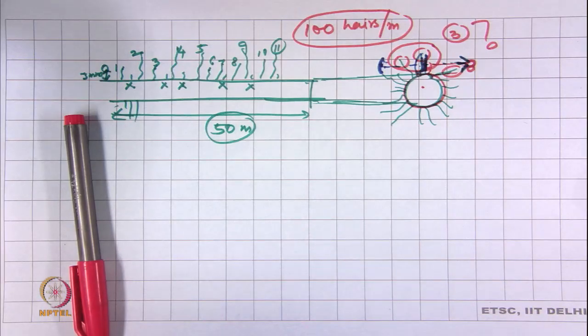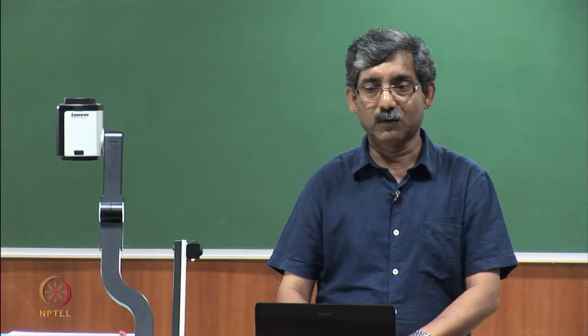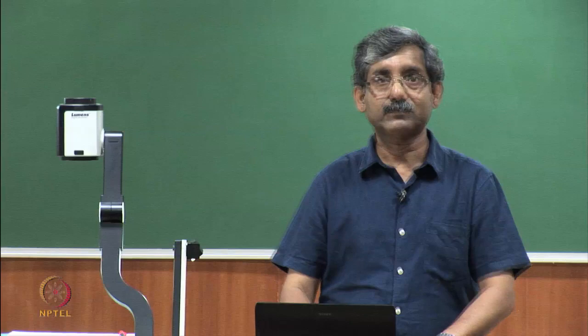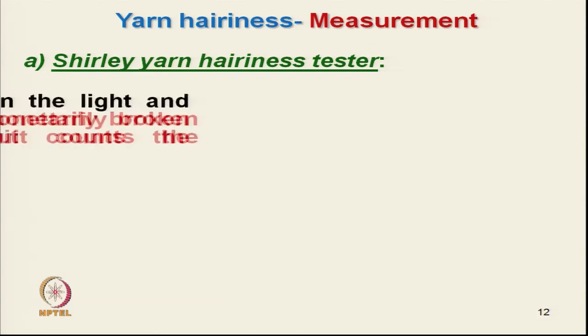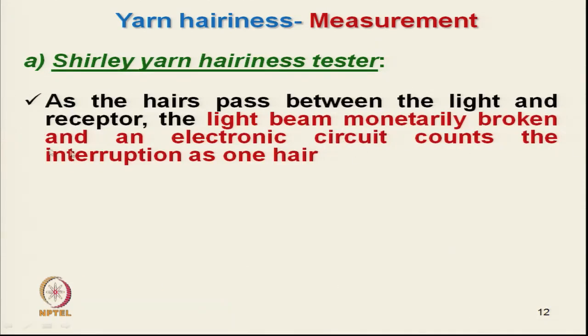So, it consists of a light beam and a photoreceptor of small diameter. The yarn under test is run between the light and the photoreceptor. When it is moving, the hairs pass between the light and receptor, the light beam is momentarily broken, and the electronic circuit counts the number of interruptions.